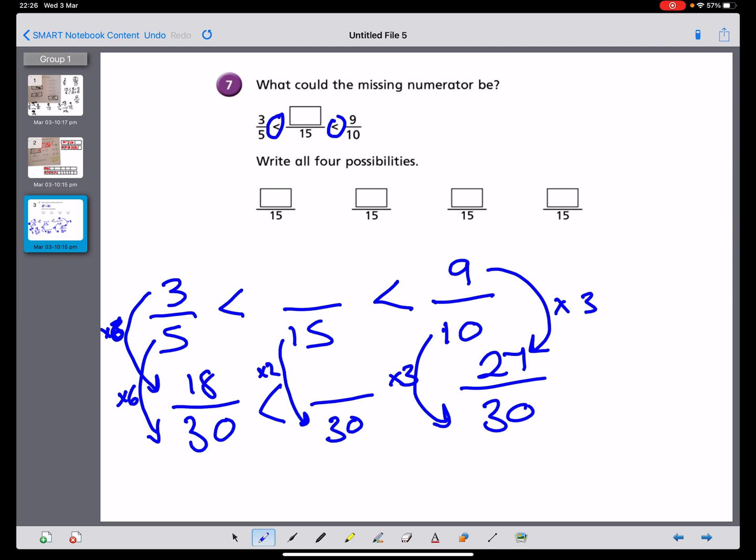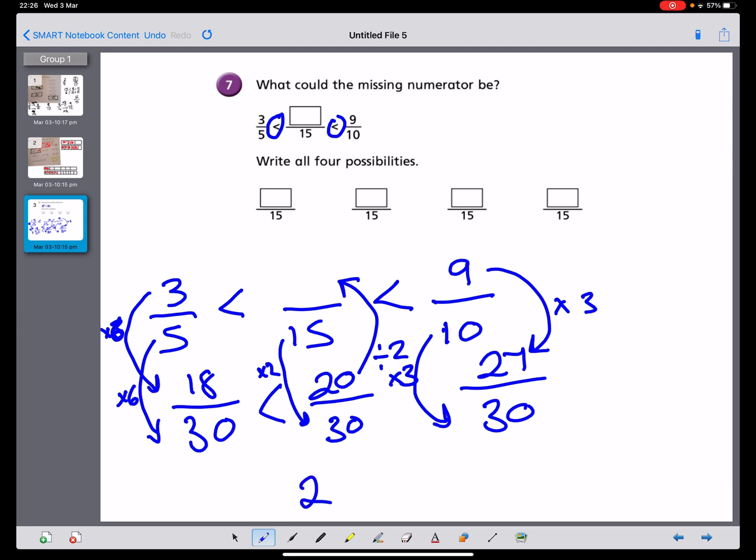So I can choose now pretty much any number between 18 and 27. The only thing I need to make sure is that it is divisible by 2, because I need to now divide it to find this number, because I multiplied 15 by 2. So I could have 20, I could have 22, I could have 24, and I could have 26. Any of those would work for here.